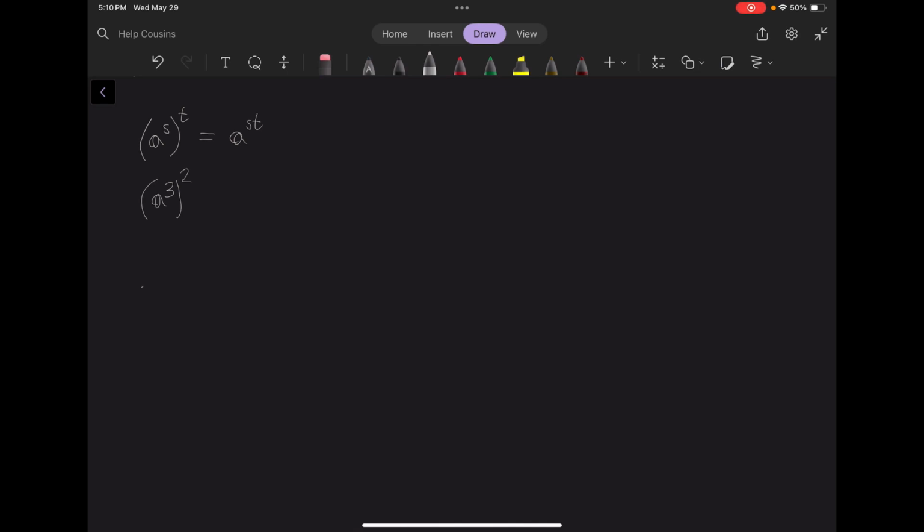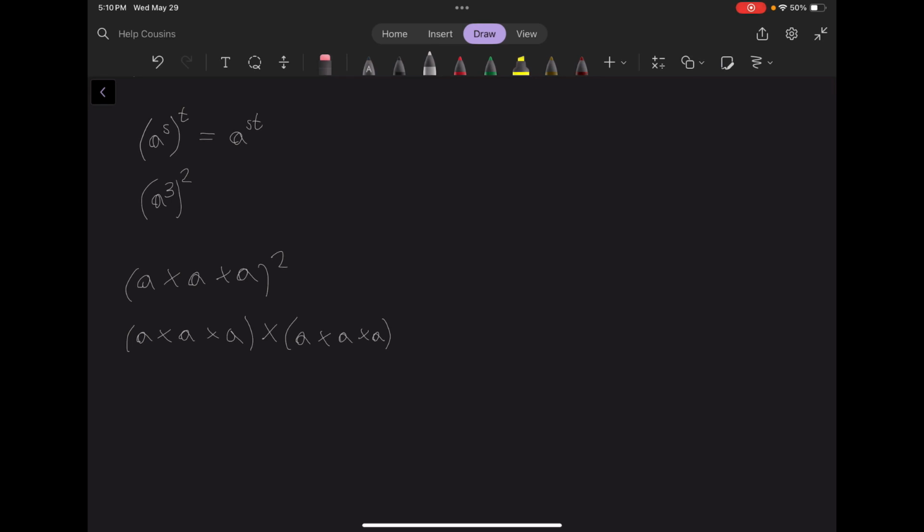So a to the 3 is just going to be a times a times a. And then all that squared would just be a times a times a, times the same thing, a times a times a.